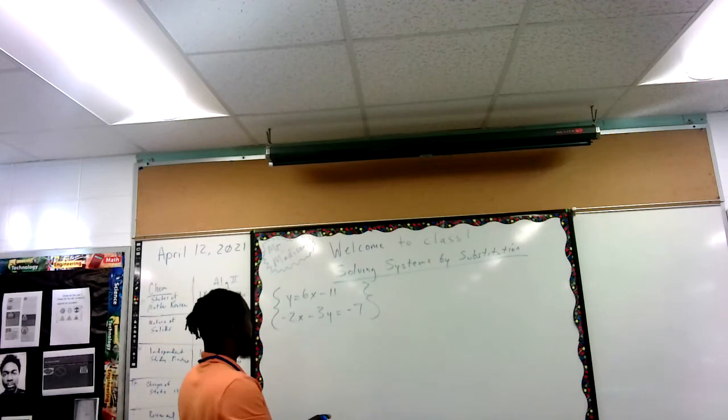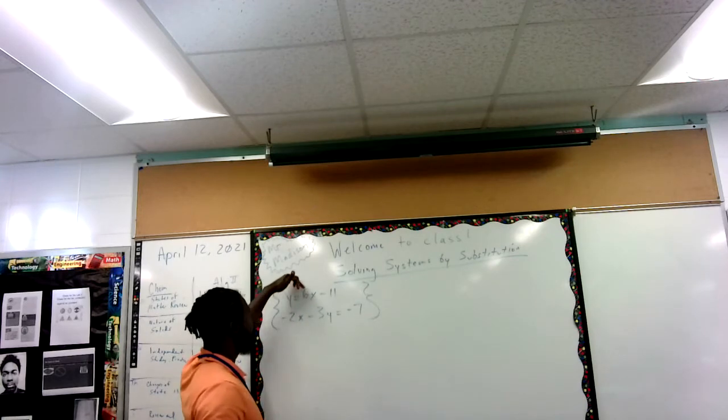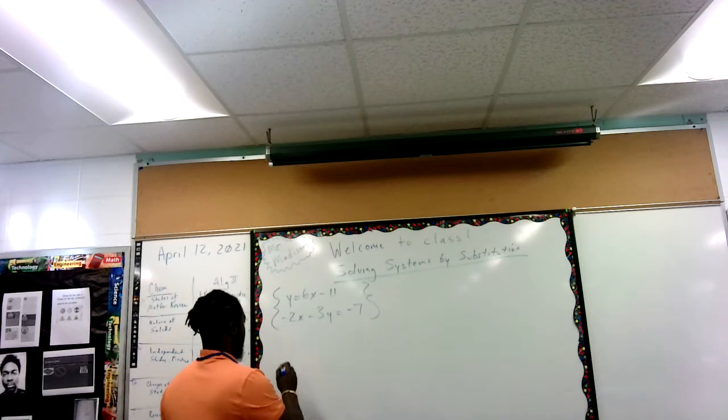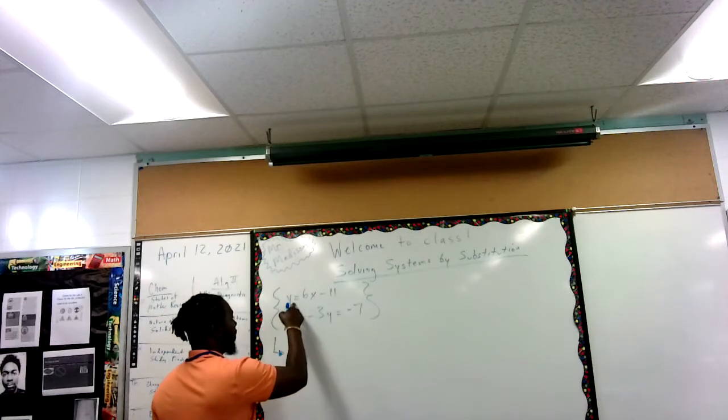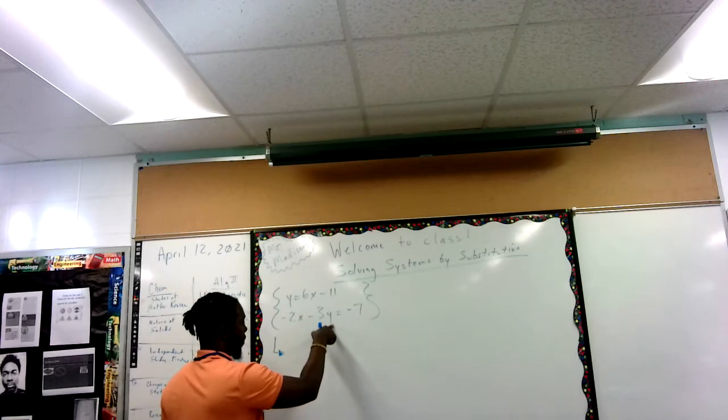So what I think I want to do is, since this one is already in the y equals form, that's basically telling you y is 6x minus 11. So guess what I'm going to do? I'm going to implement this top equation in for y, and we're going to solve.